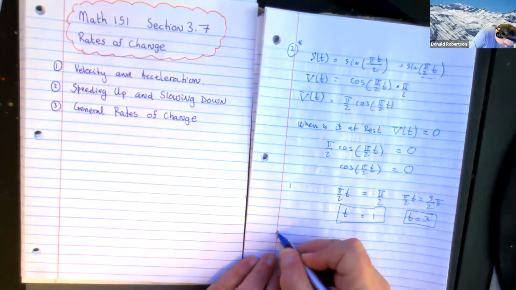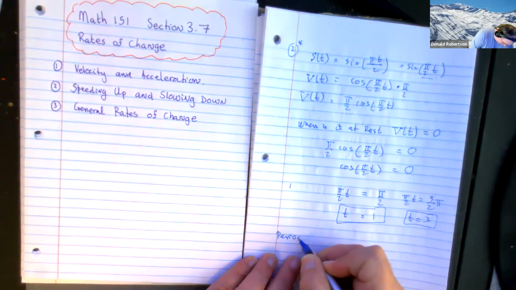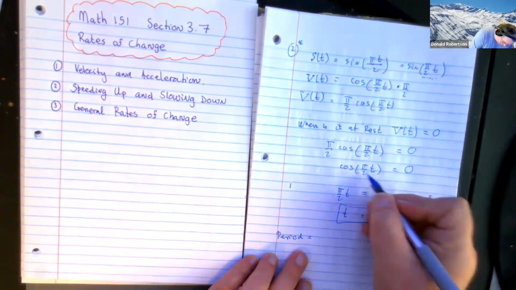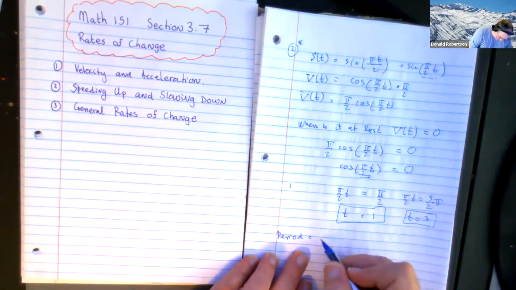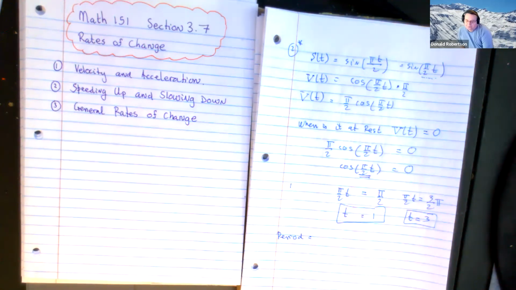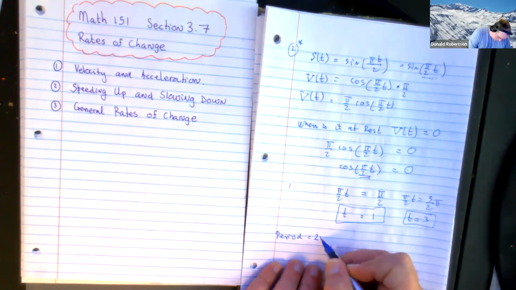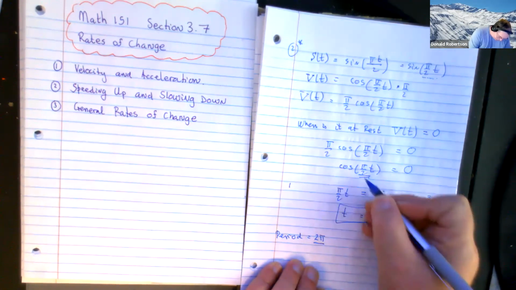Now, what is the period? Yep, 142 stuff. What is the period of this guy? Two pi divided by this guy.